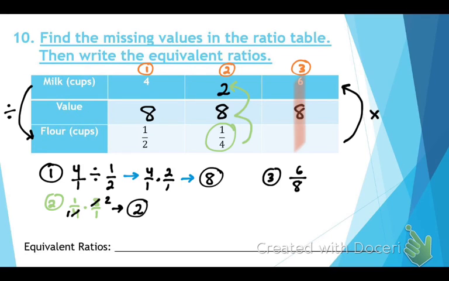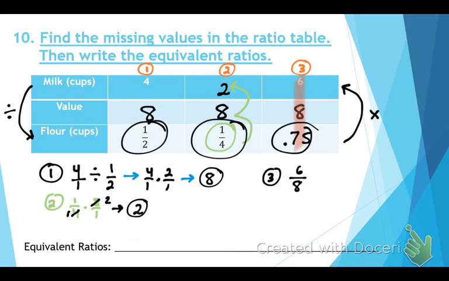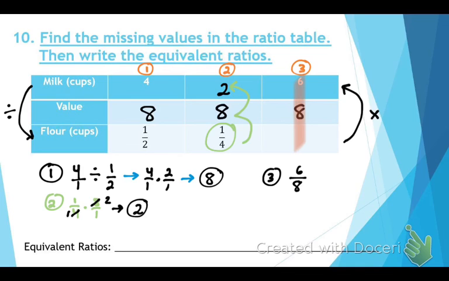A lot of people just stuck it into their calculator and then they figured out, oh, 0.75. Here's what I want you to notice. This is a fraction. This is a fraction. So guess what this needs to be? A fraction. So let's just reduce 6/8. Divide by 2 on top, divide by 2 on bottom. What's the answer? 3/4 would be it.